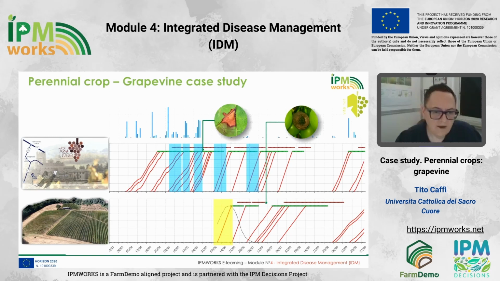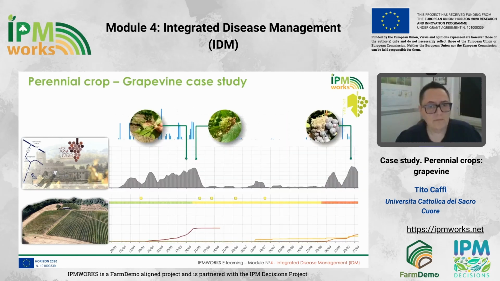And in fact, you can see that this yellow window is a little bit larger. Why? Because we added to the copper-based fungicide a systemic fungicide specific for black rot.